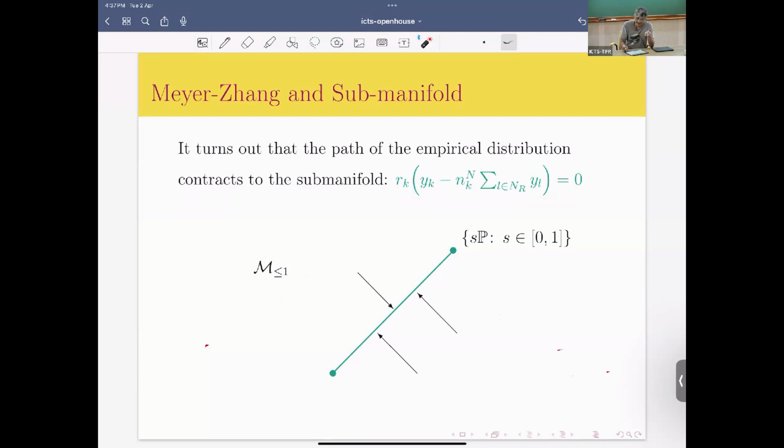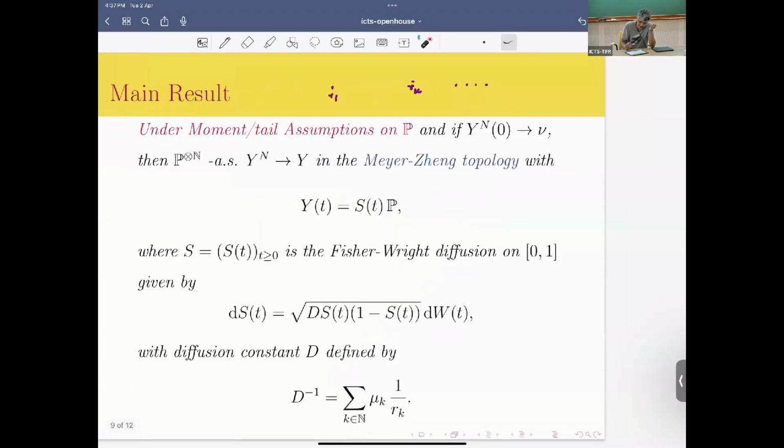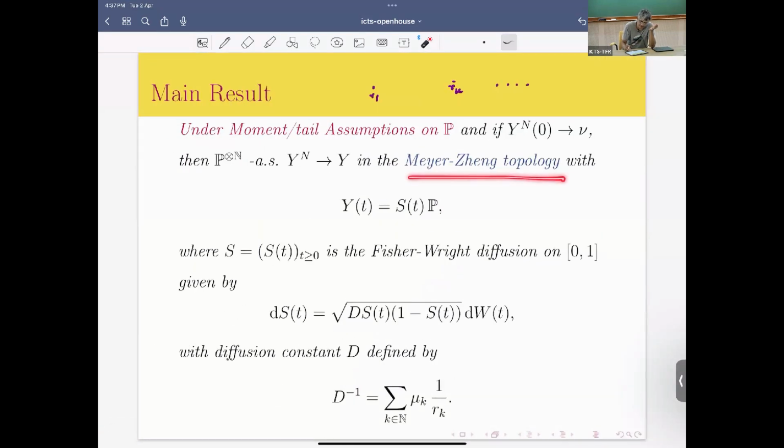But when it does that, you can't show that the laws will converge. You can only show this in the Meyer-Zheng topology. Only certain functionals of the processes will converge. That's why this theorem is a little different and a little harder to show. The topology essentially means that functions of this form will converge, as opposed to the law converging.